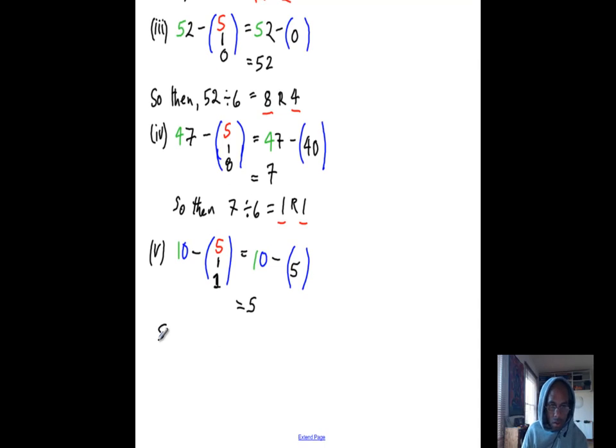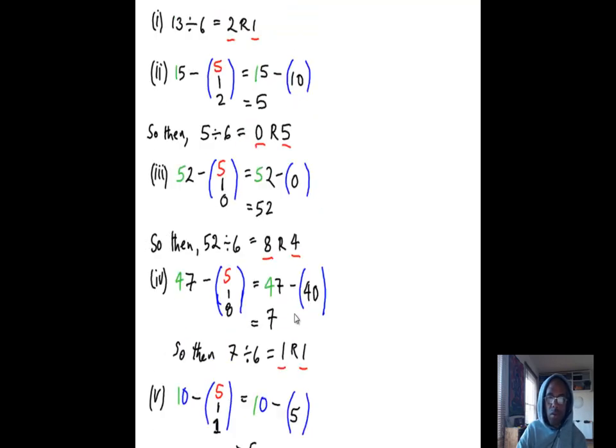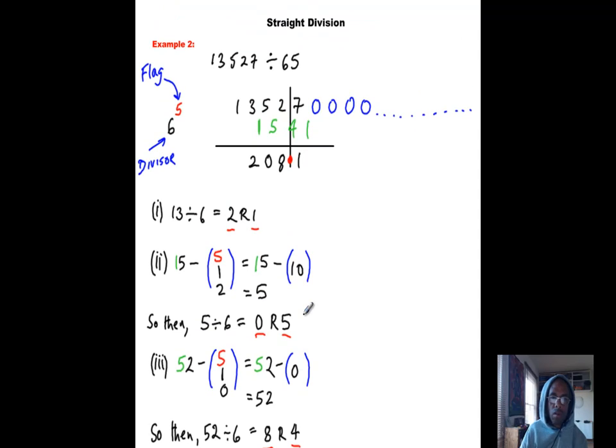So then we say 5 divided by 6. Can't do it. I've got a remainder 5. So let's do that. 0, 0. Can't do it. Remainder 5. So in the box at the top, I'll put we can't do it, which is 0, and remainder 5.